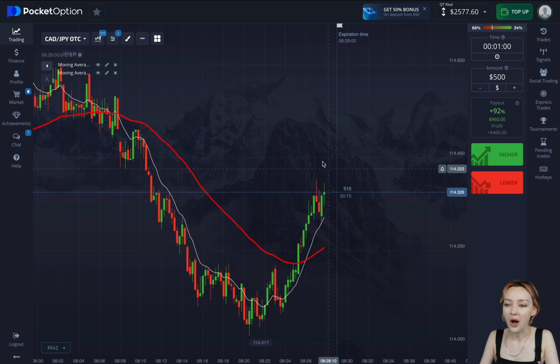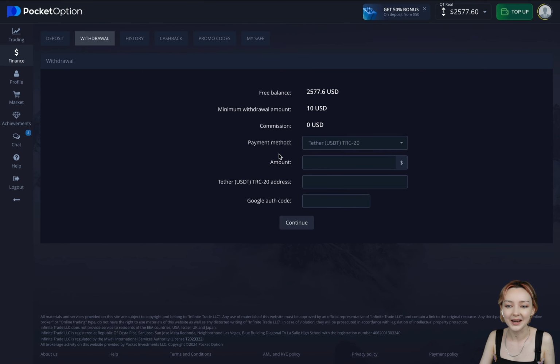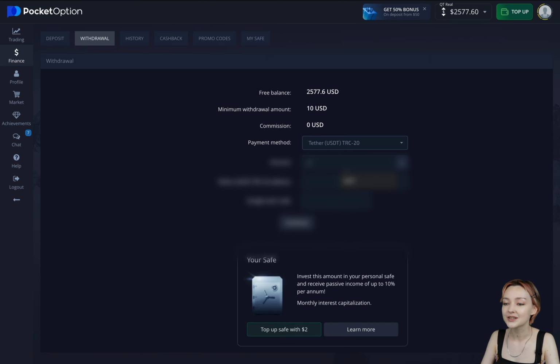Our deposit has already multiplied 5 times. That's incredible. We're opening the withdrawal section, entering the sum, which is $2,077 in my case, and withdrawing the entire net profit. And then we're entering our wallet ID or whatever payment info you've got or convenient for you, and entering the code sent to our email or mobile app.